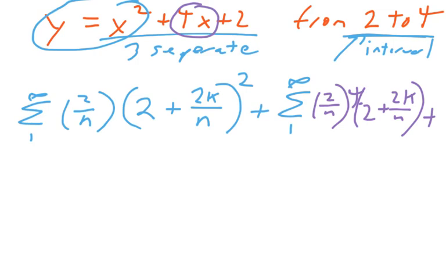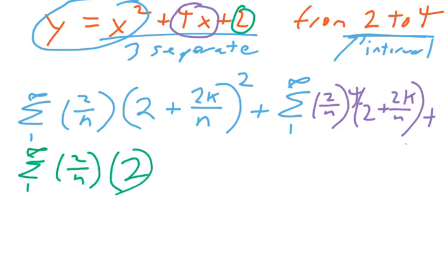And we have one more, which I will do in green, where I have the summation from 1 to infinity of 2 over n, and then all I'm doing is plugging in whatever, and we only have 2, and so no matter what x value I put in, I'm going to get 2.